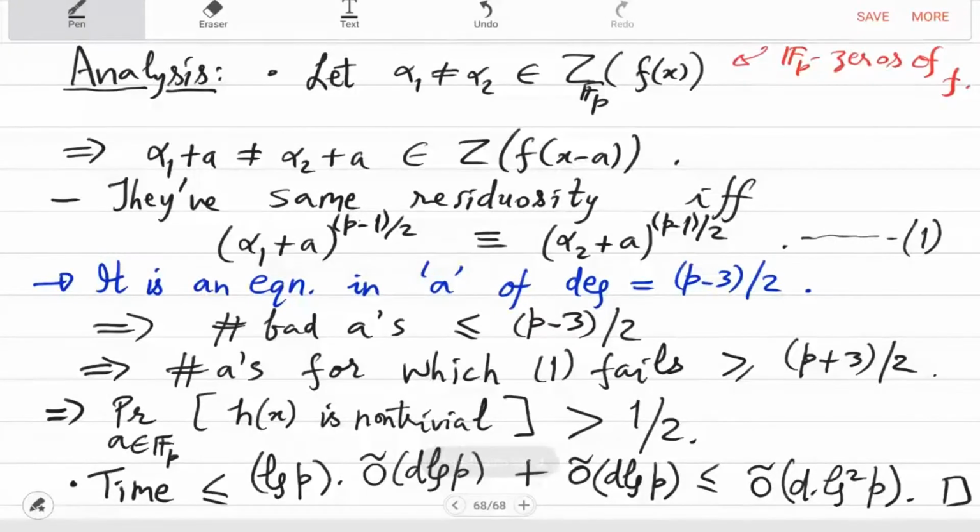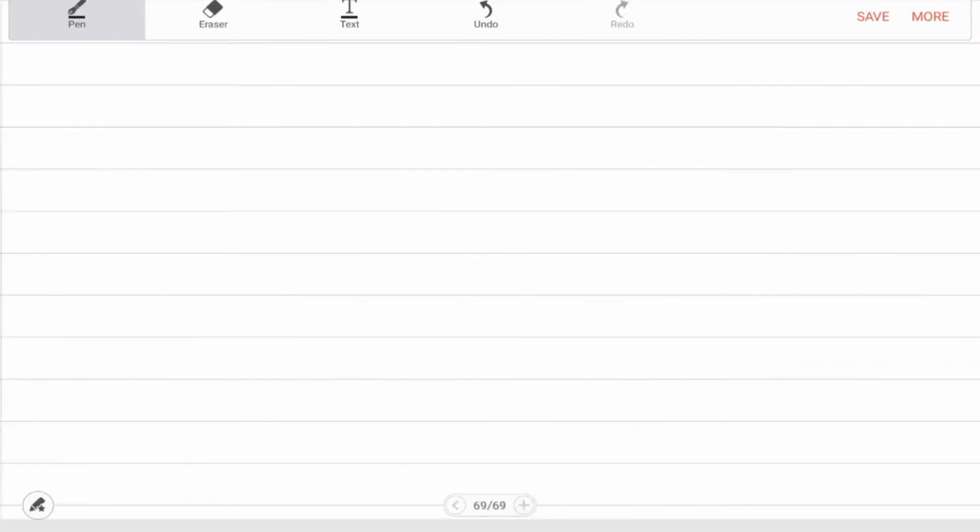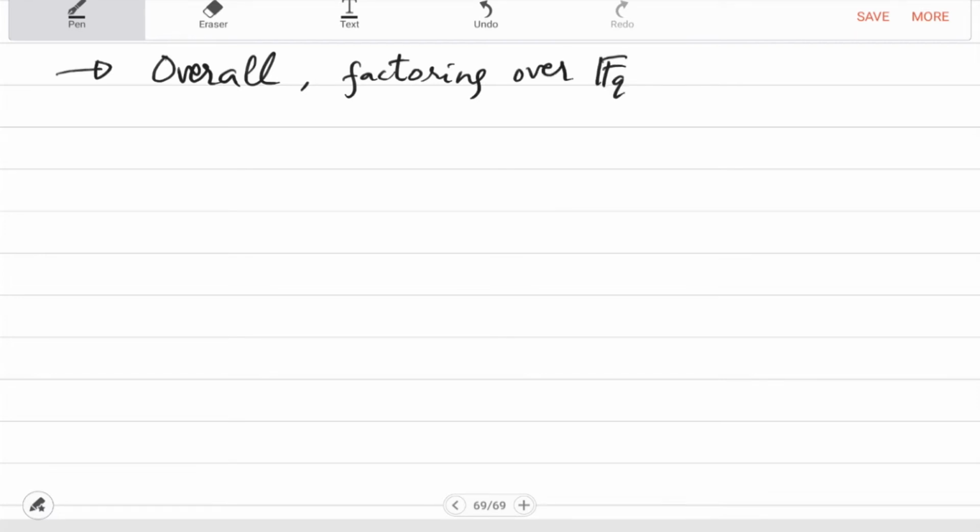Yeah, so if you look at the overall factoring algorithm, overall factoring takes around d raised to omega.